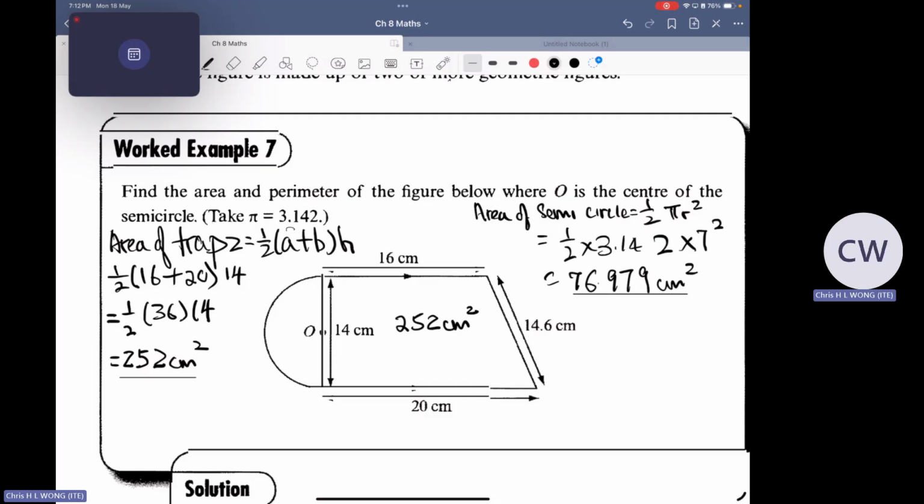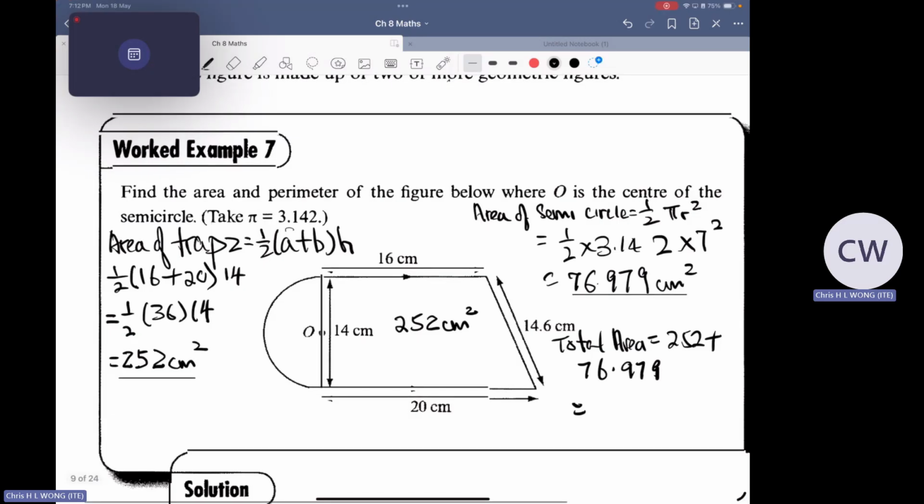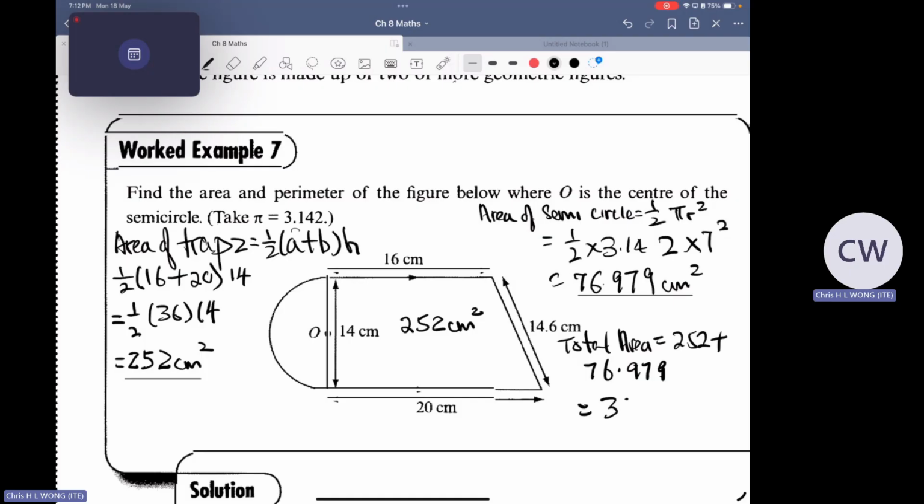So the total I put below. Total area equals to, I add the two together. 252 plus 76.979 equals, answer. 328.979 cm squared.